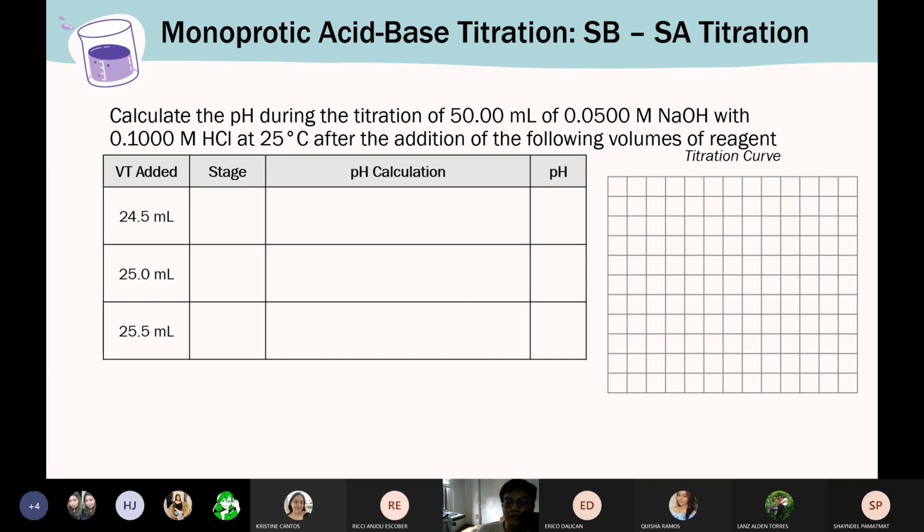So, ang biggest question here is, what's the VTEP? Okay, can you calculate for the VTEP so that we will know which of them is the equivalence point? Si VTEP, yun yung volume of titrant at equivalence point. Siya yung best friend natin today. What's the VTEP?